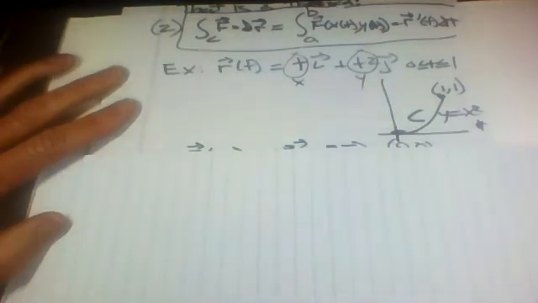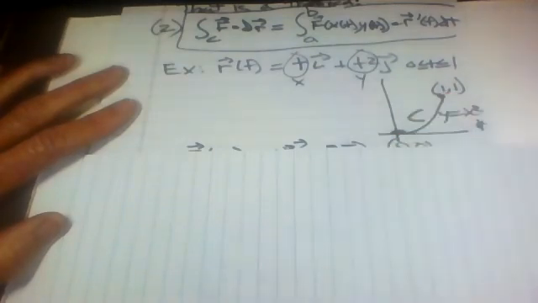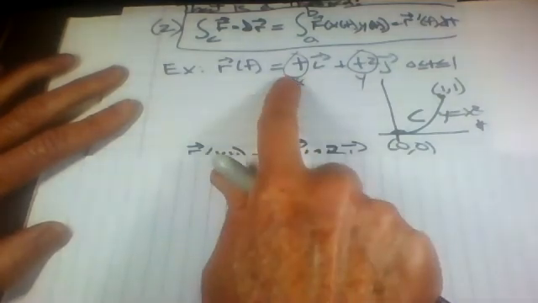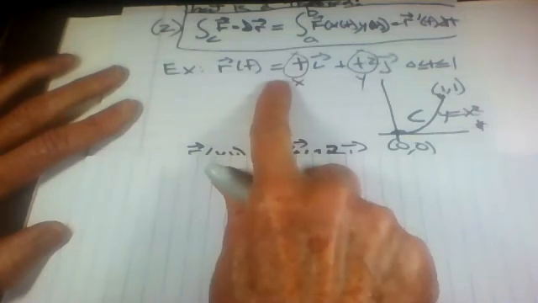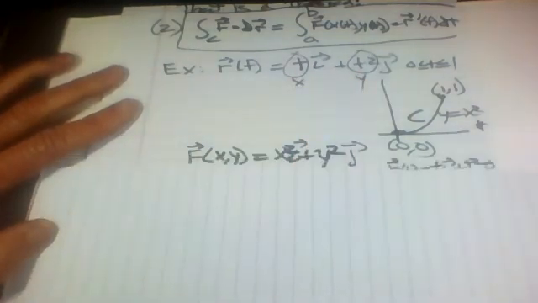I'm going to move along this parabola from (0,0) to (1,1) by this vector parametric form, r of t equals t i plus t squared j, t running from 0 to 1.